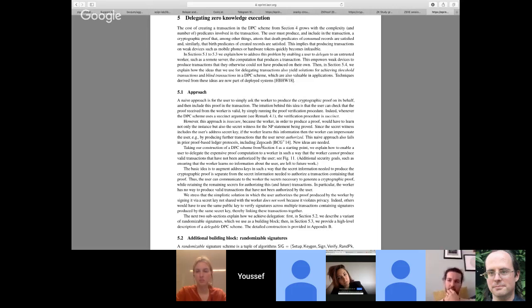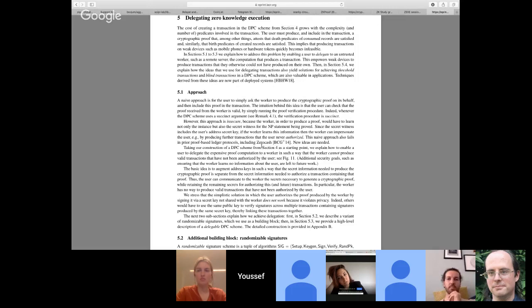But this is a somewhat simplistic solution, because if you sign the proof and then all the nodes on the ledger verify that you indeed signed the proof, this is basically a signature scheme where you sign with your private key and everyone verifies with your public key.